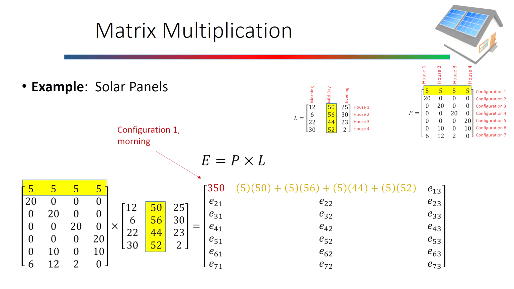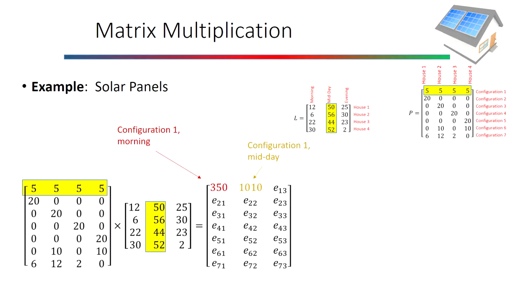Now if we think about what this matrix actually means, we can see that we are calculating the dot product of the configuration 1 solar panels multiplied by the midday illumination on the houses. So we're really calculating the power generation at midday if we position our solar panels according to configuration 1. Once we calculate this, we find that using configuration 1, our midday power generation will be equal to 1010.